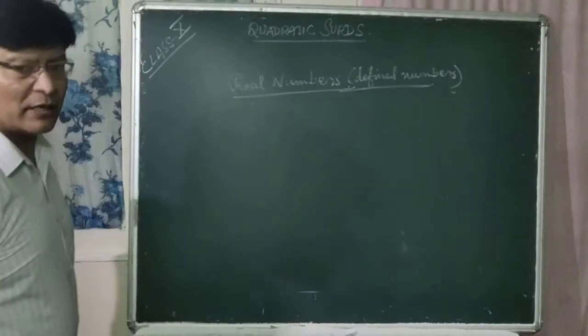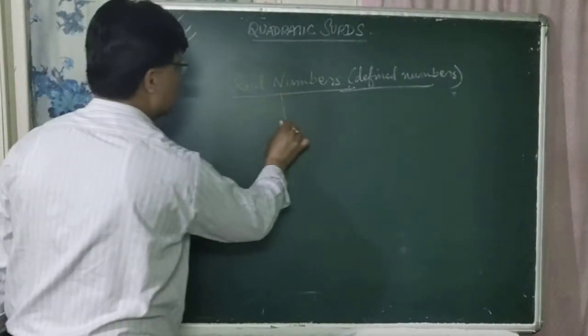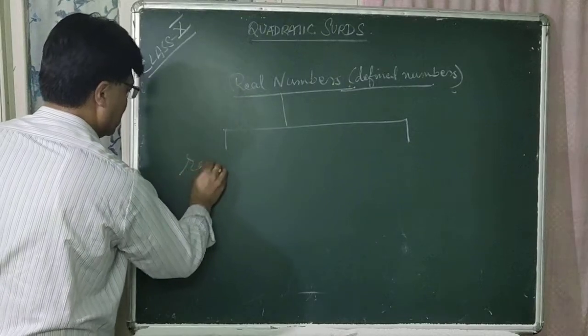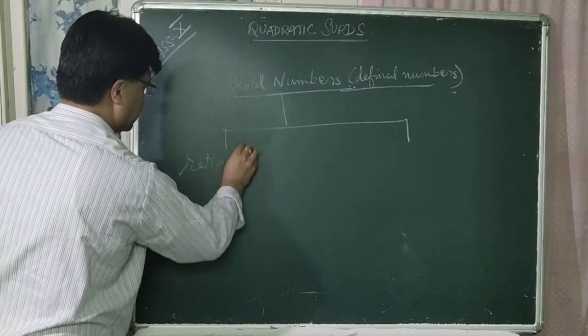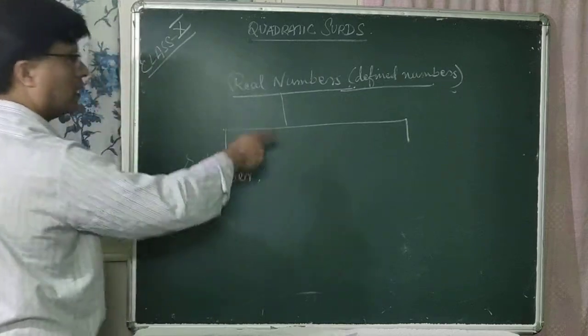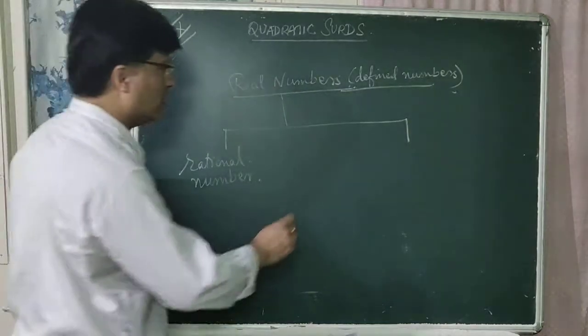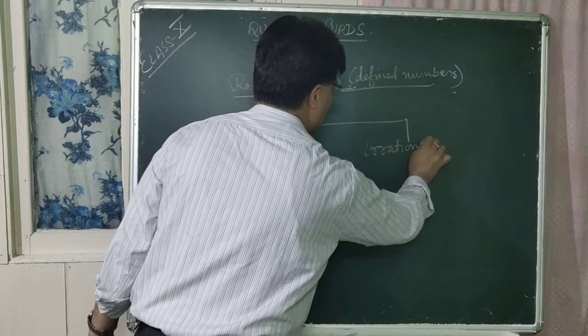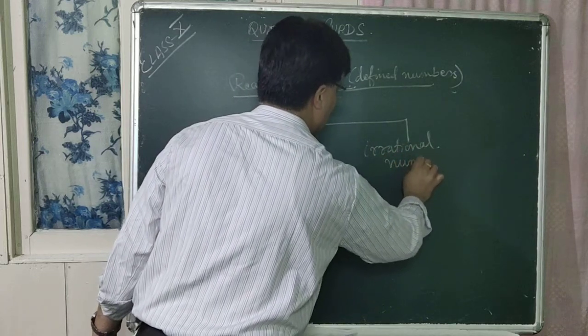Now again these real numbers are divided into two parts. One is rational numbers and the other part is irrational numbers.